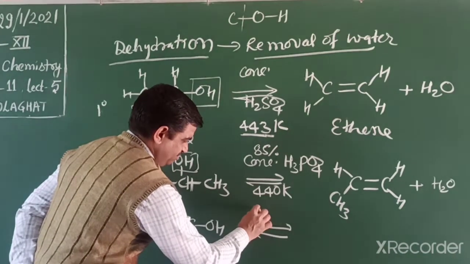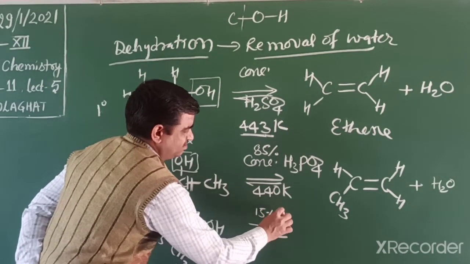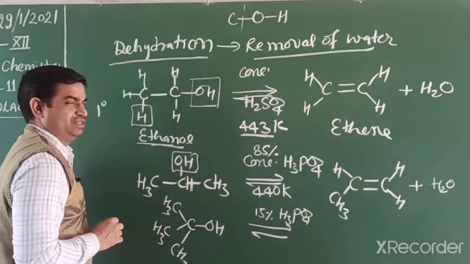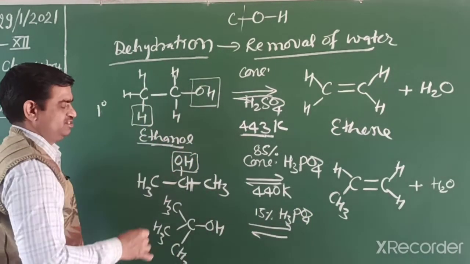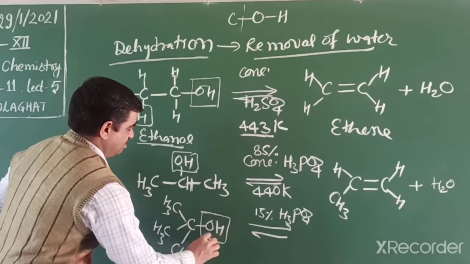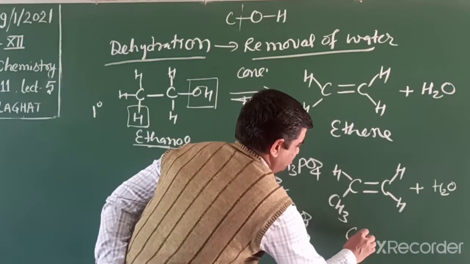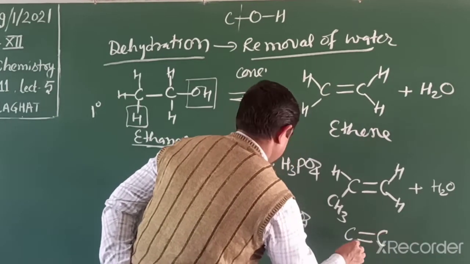In this we need only 15% phosphoric acid. For a tertiary alcohol the reaction has a much faster speed of removal of water molecule, and we get the product like this.